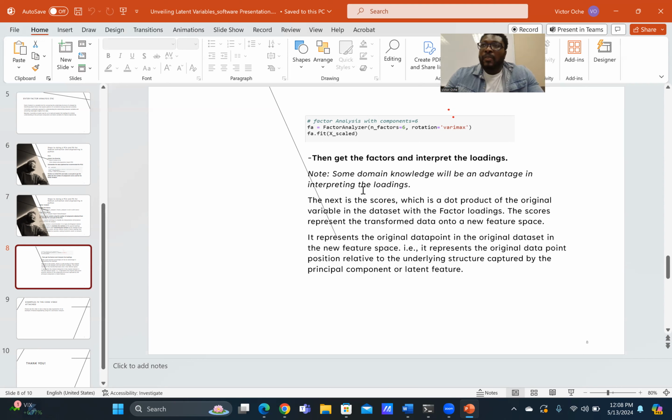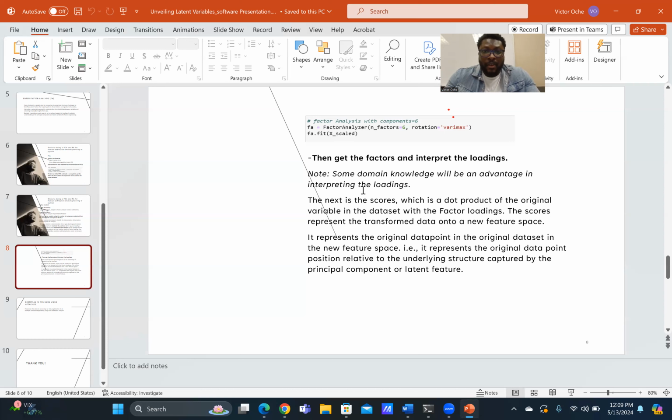So the scores give a representation of the original data points in the original data set in the new feature space. It's telling us how each particular data point is affected by the new revealed factor, the new engineered factor.